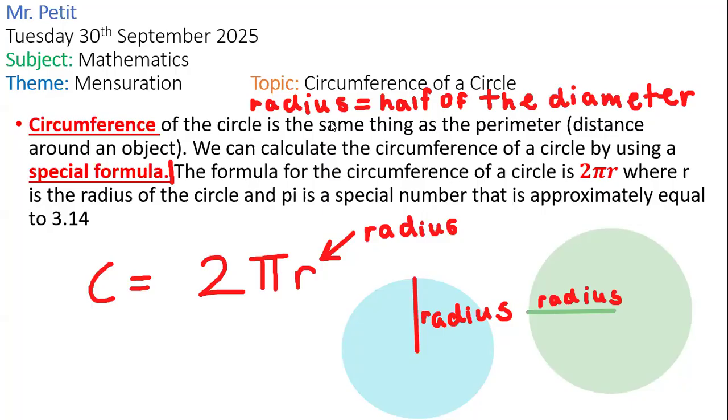No. To 3 decimal places. 3.149. No. 3.147. No. Are you talking about 3.142? 3.142. So you might see it written as 3.14 or 3.142.